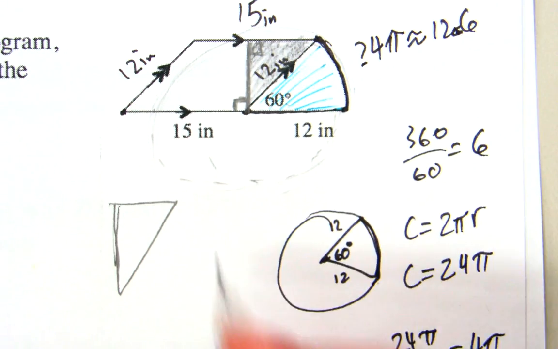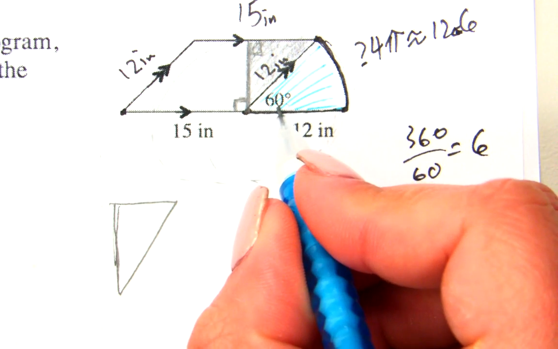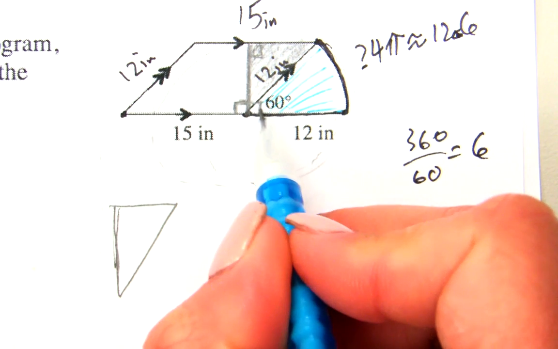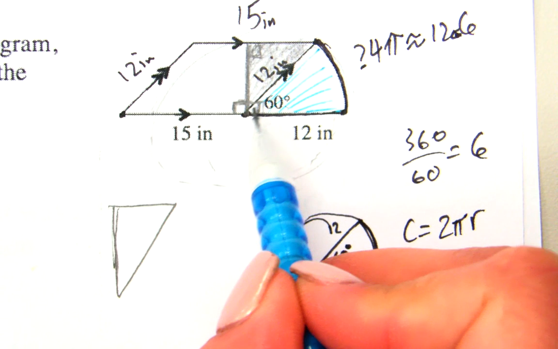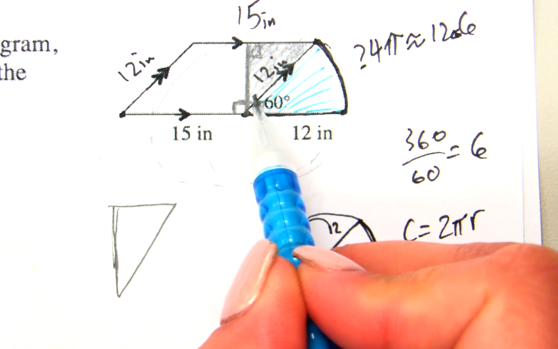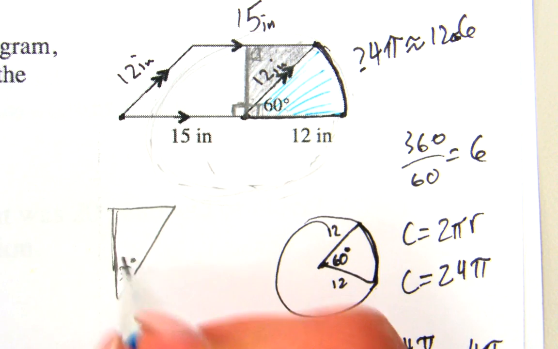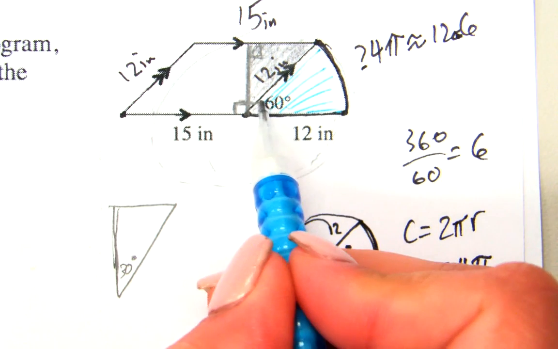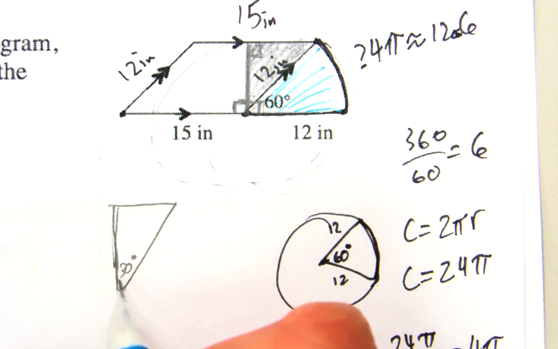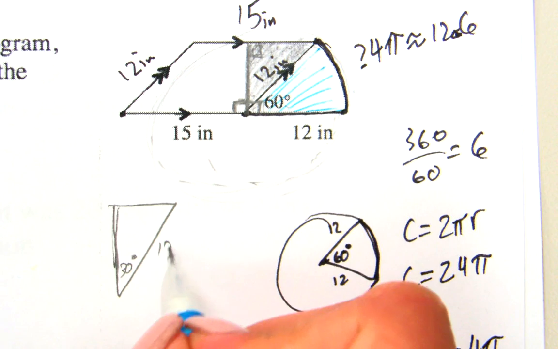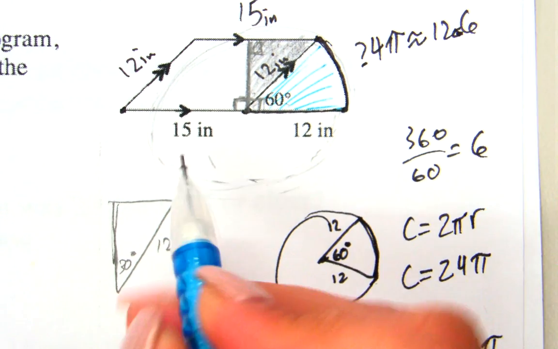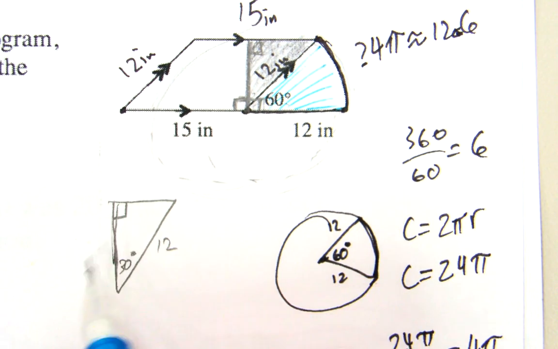Okay. So this was 60 degrees, and I know this is a right angle right in here. So if this part is 60, then this remaining piece, the one my pencil is on right now, has to be 30 degrees, because they make a right angle. So we have 12 as the hypotenuse, and now what we really need is the height.